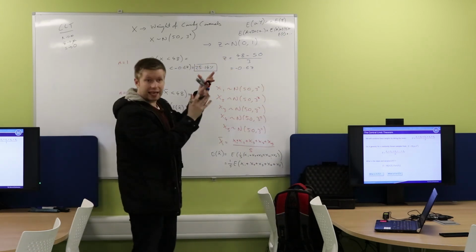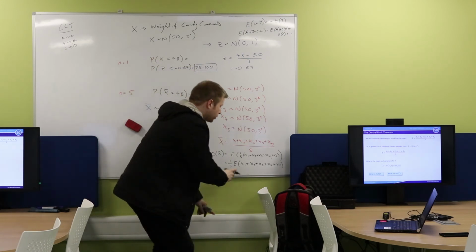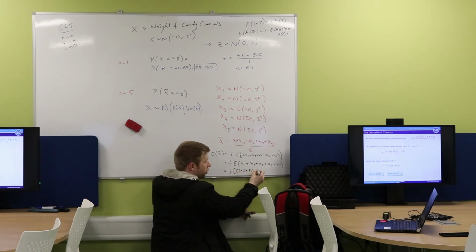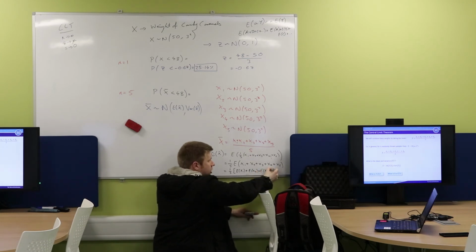But just take my word on it, it definitely does make sense. So this is the same as 1/5 of the expectation of x1 plus the expectation of x2 plus the expectation of x3 plus the expectation of x4 plus the expectation of x5.